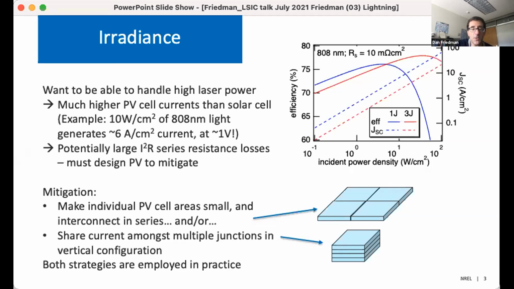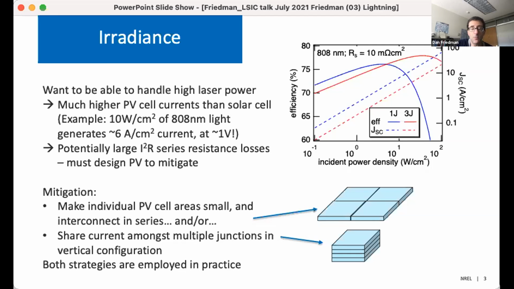There are various strategies for that, but probably the most important one to talk about is to divide that light into multiple individual little mini solar cells or junctions. I illustrate in the bottom half of this slide two ways to do that. One is you could have a lot of little individual solar cells laterally and interconnect them in series.